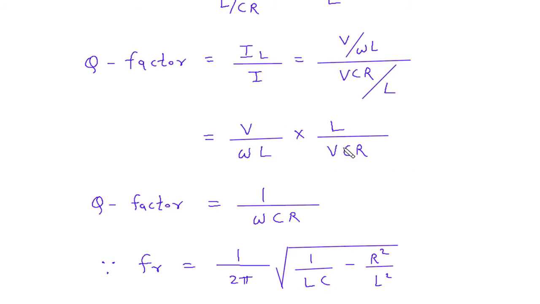This V and this V will get cancelled, this L and this L will get cancelled. So Q factor is equal to 1 upon omega CR.